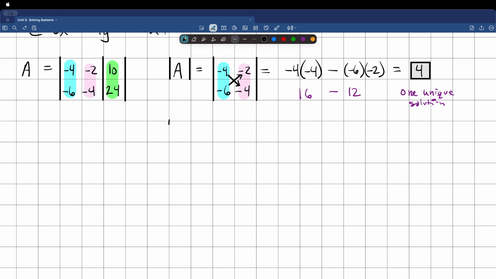And so that looks like this. We're going to take our A, and we're looking at the x component this time, but we're actually finding the determinant of the x solution. So instead of using the x component, we're going to make another square matrix that consists of the constant component. So we're going to have the constants replacing the x component.